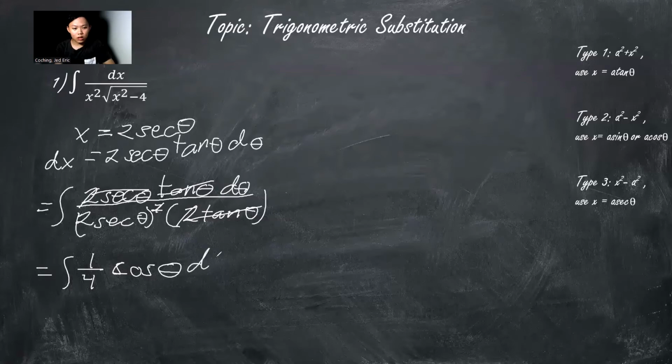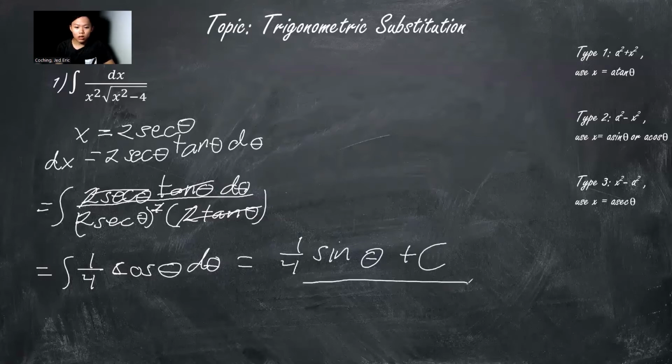Now it's equal to 1/4 sine theta plus c, and this is the answer. And that's how you use a trigonometric substitution, and this time we use type 3, which is a sec theta. So let's clear this and move on.